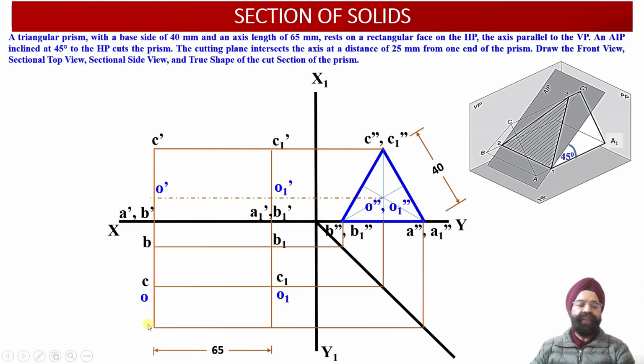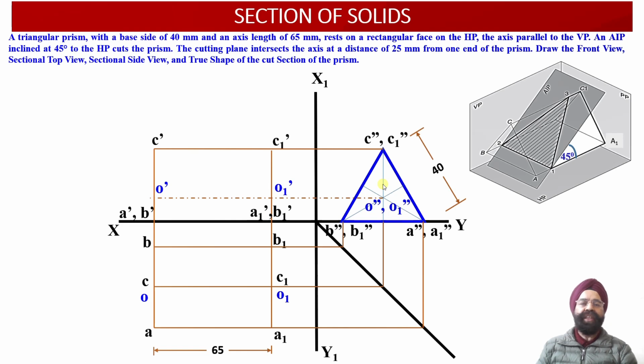So point A will be located over here. Similarly, point A1 will be located over here. So now the front view projections, the top view projections and the side view projections corresponding to this triangular prism resting on one of its rectangular faces onto the horizontal plane have been obtained.